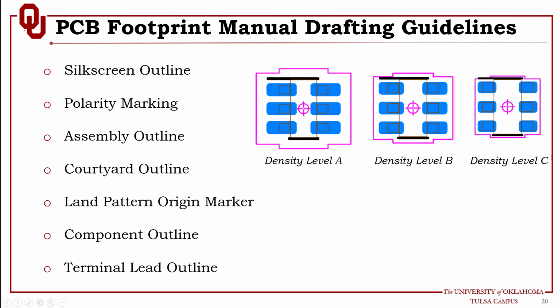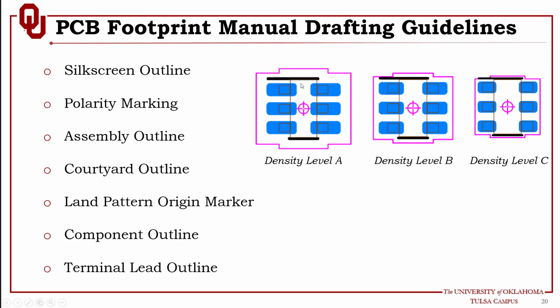Now, when you create a footprint manually without the IPC Footprint Wizard, there are some guidelines you can follow. I sorted them in this slide and a couple of following slides. These will be very helpful for you. The first thing is the silkscreen outline, which is here as you can see.